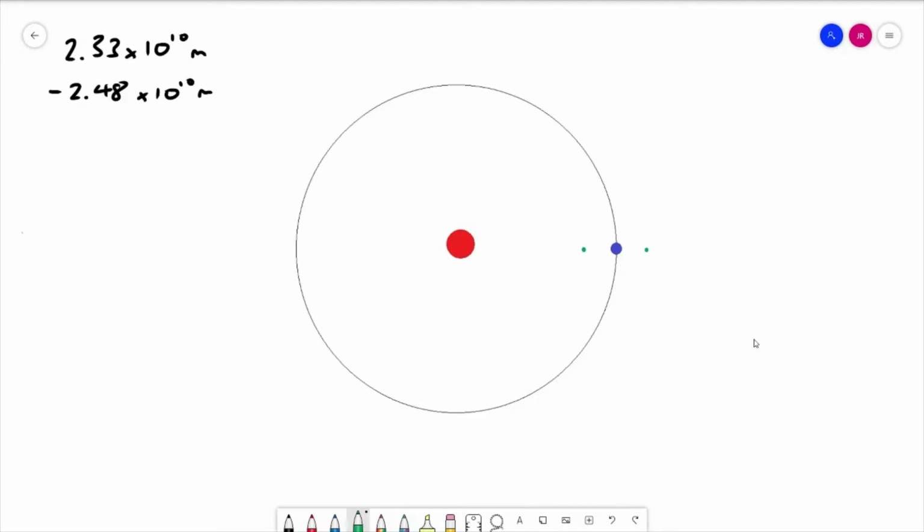Now what we've done is we've managed to calculate the position of 2 points, and these are two of a set of points known as the Lagrangian points, or you'll hear them also called, simply, the Lagrange points.